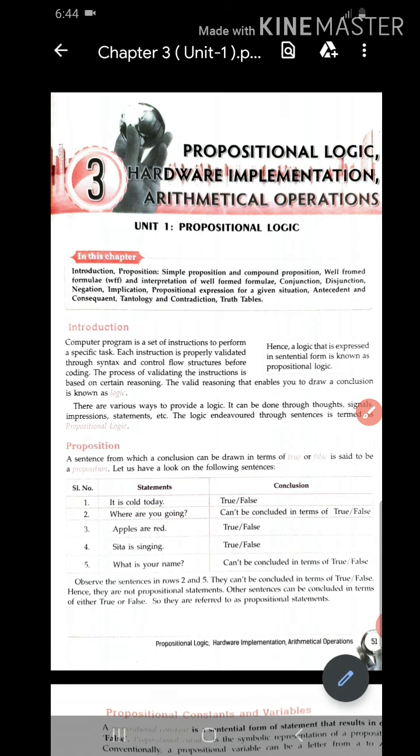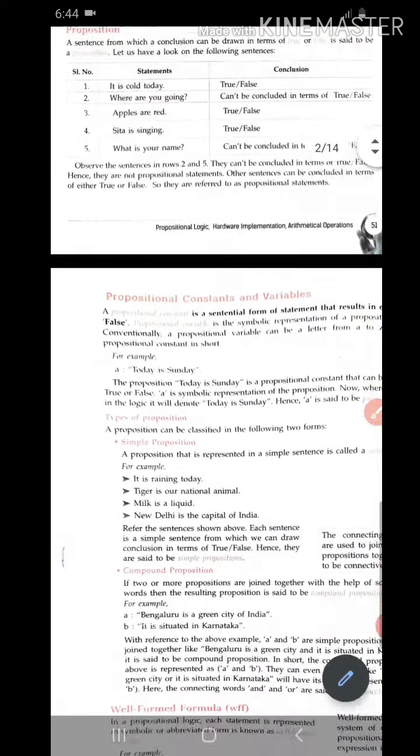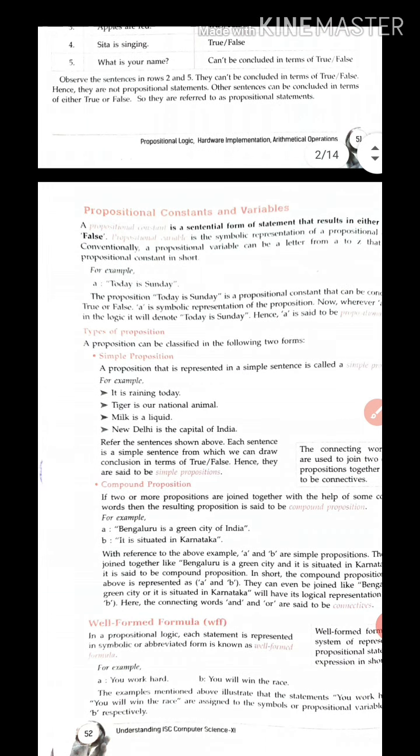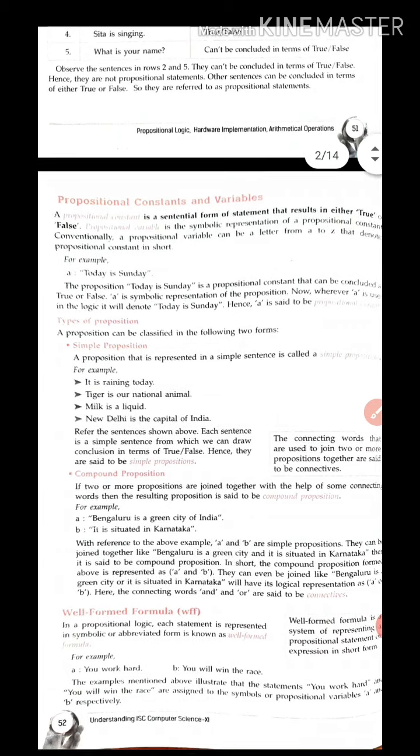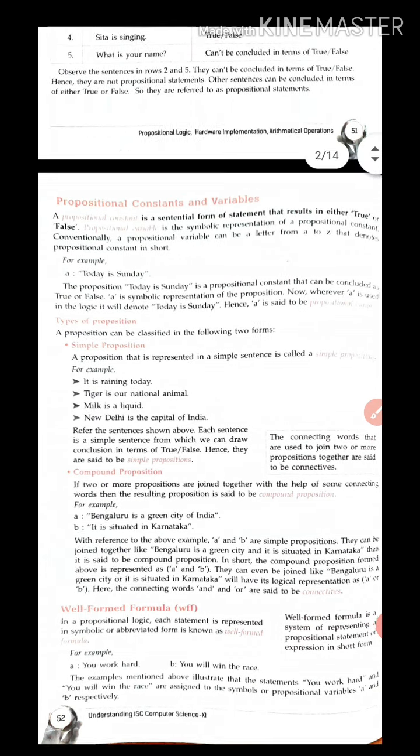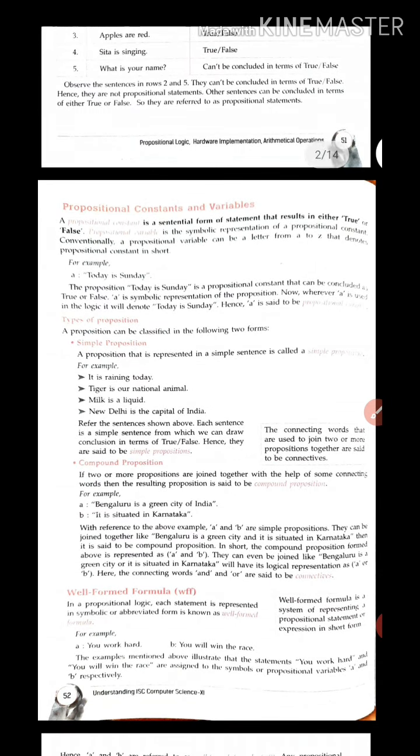Say, with the next page, propositional constants and variables. Propositional constants and variables means in sentences you have a part of a sentence, means if we have two sentences combined with and, then we require two different variables to indicate two different sentences.